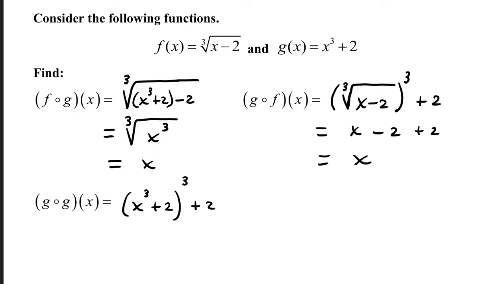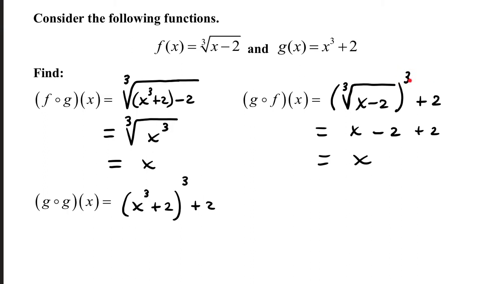If the composition is written g circle f of x, then we're going to take function f, which is this cube root function, and substitute it right in here to the variable of g. That becomes the cube root of x minus 2, cubed, plus 2.